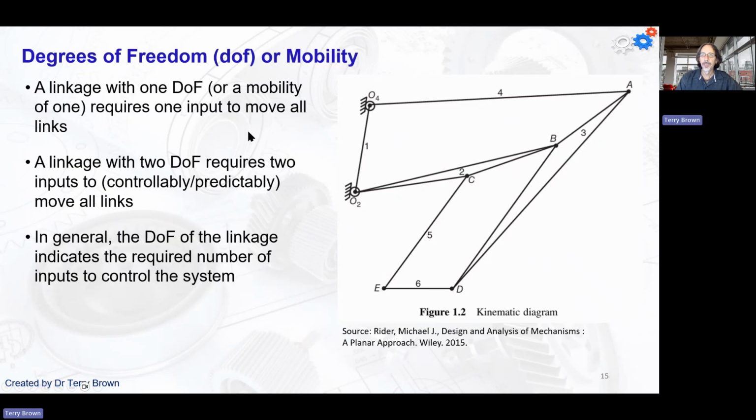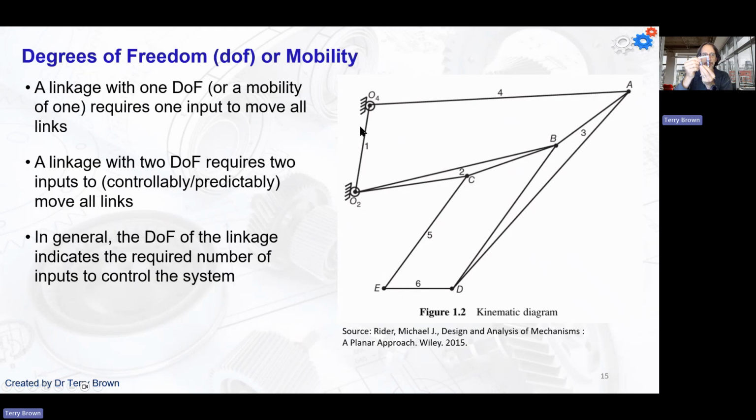One of the important concepts that you need to understand when analyzing and designing mechanisms is the degrees of freedom or the mobility of the entire assembly of links, or the mechanism. Okay.